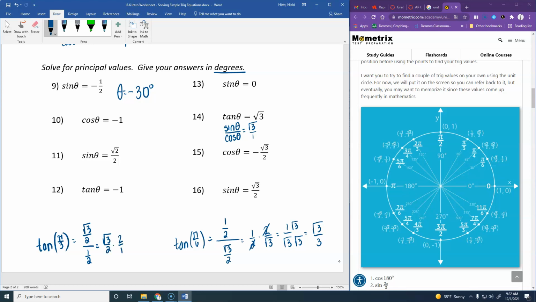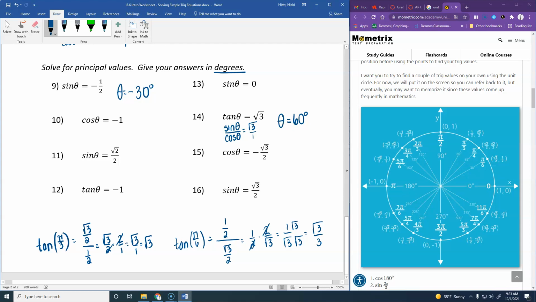Flip the second and multiply. The 2's can cancel. We get square root of 3 over 1, which is square root of 3. So tangent equals square root of 3 at theta equals pi over 3. And I keep forgetting that I'm supposed to be doing degrees instead of radians. So really, instead of calling that pi over 3, I should do 60 degrees here. So your answer for 14 would be 60 degrees.